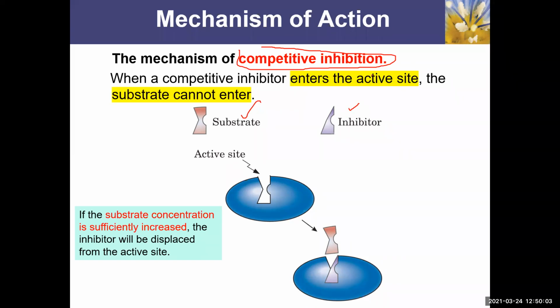The competition is for this particular active site between the substrate and the inhibitor. So what happens if the competitor, for example the inhibitor, enters the site? If you see here, this inhibitor has already entered into the site.